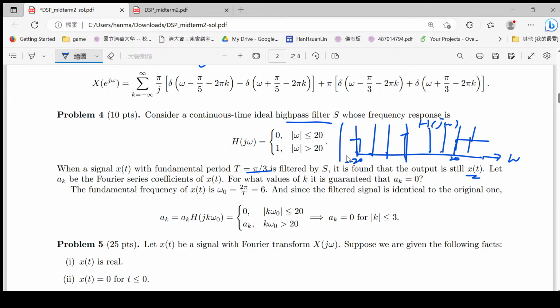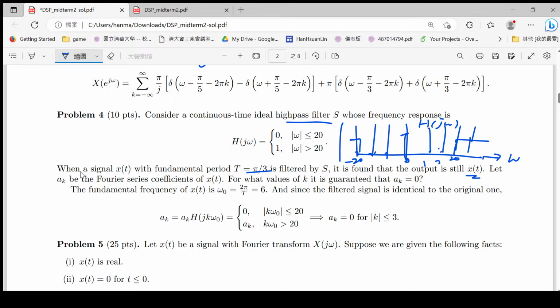So x of t has all those frequencies for different k, so k equals 0, and then 1, 2, 3, 4, 5, 6, etc. And so the idea here is that if a_k is small, the small a_k should get filtered out by this high pass filter, but it didn't get filtered out because we say that after the high pass filter, the signal is still x of t.